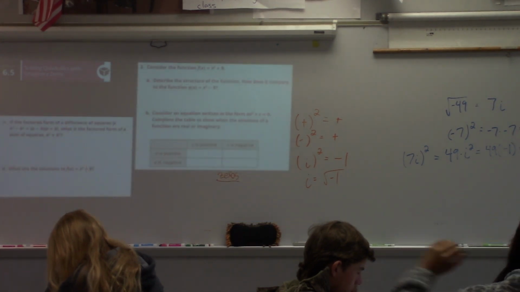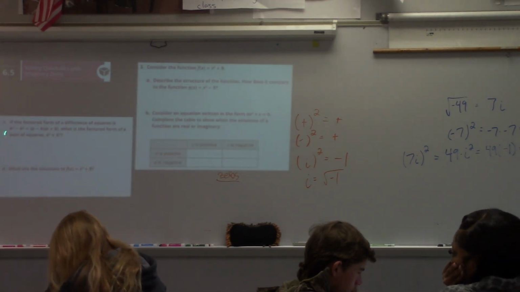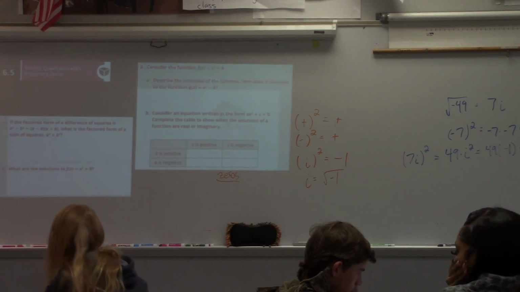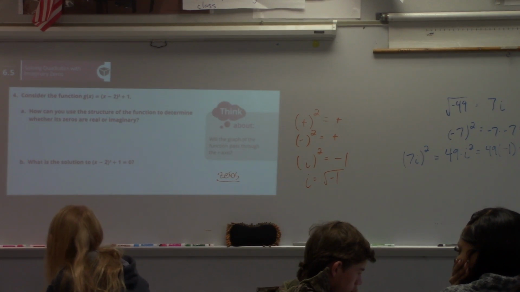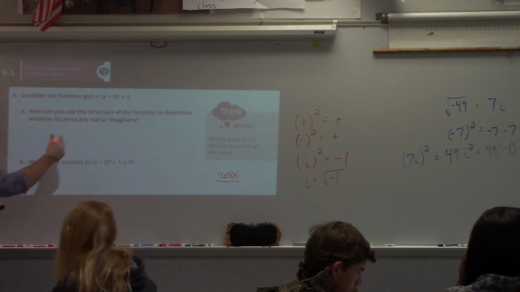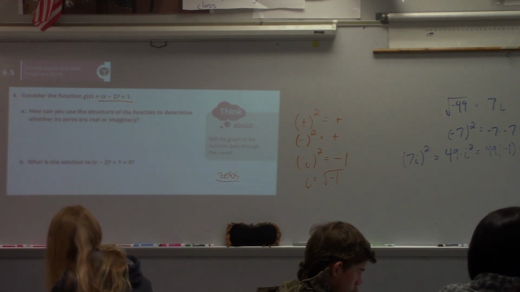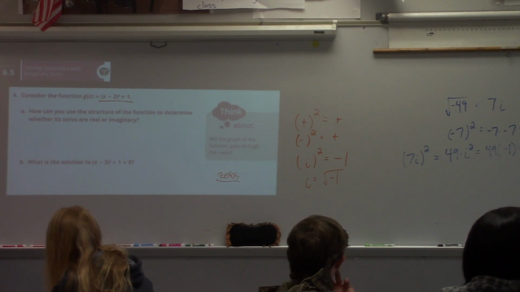Okay? I'm not going to test you a whole lot on the sum and difference of squares. We talked about that yesterday, and we'll come back to it if we have more time later. But I do want to point out, when I looked at this function, what do we know about g of x right away? Because this is another way you can tell if it has imaginary roots.